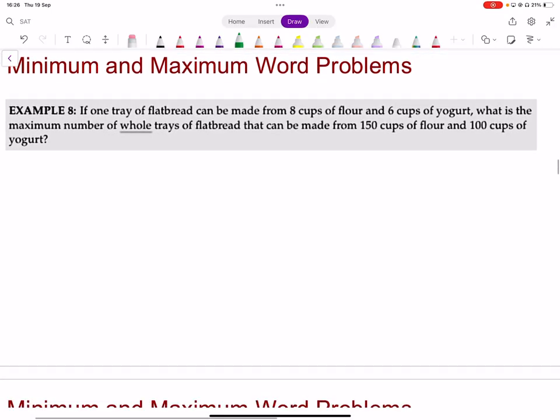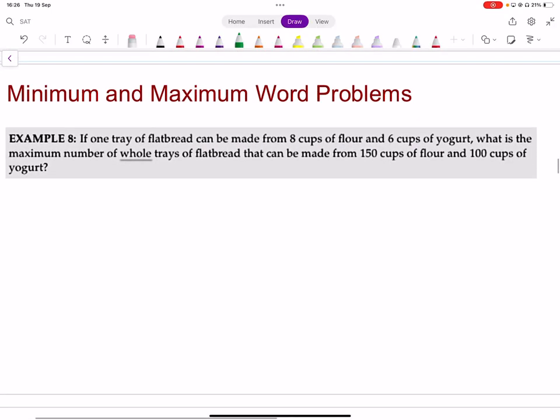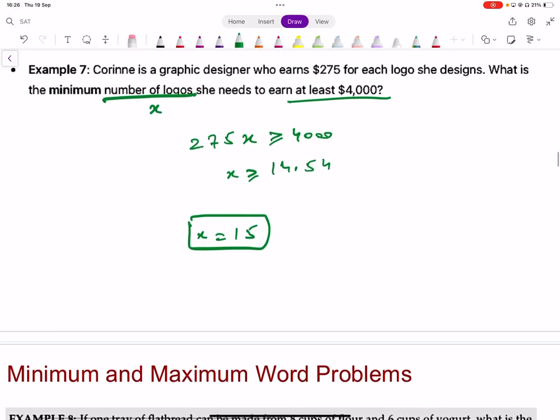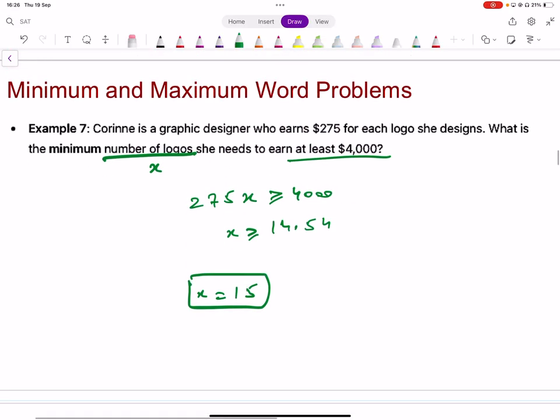Okay. Let's have a look at this now. She needs to earn at least $4,000. At least means greater than or equal to.